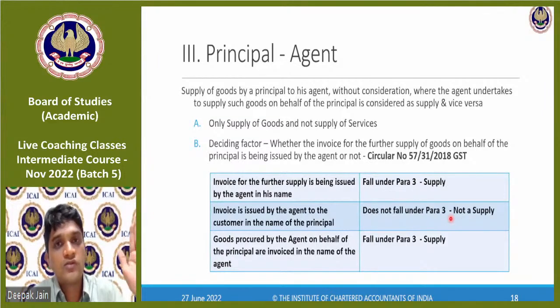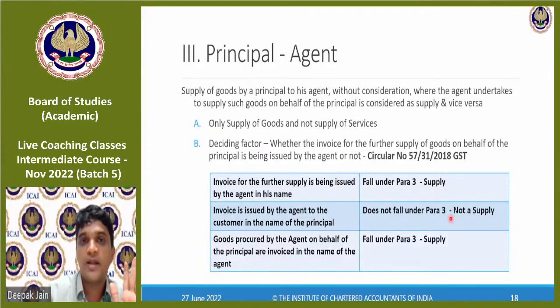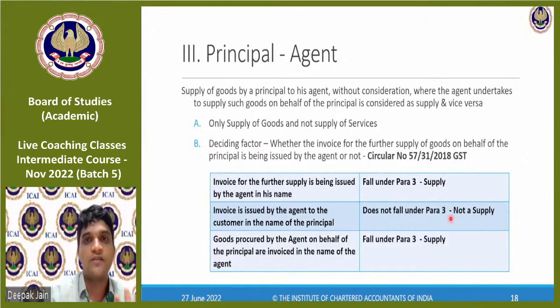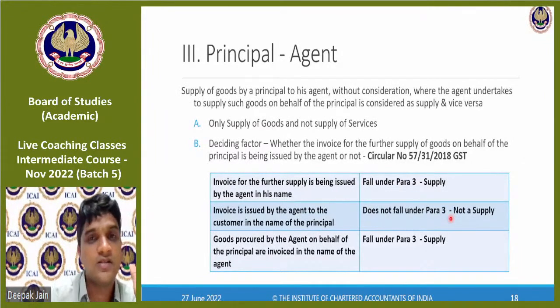Now, when Rahul Stores supplies goods to Arun, this is without consideration because he's an agent. Now, the agent supplies the goods either in the name of the invoice of Arun Stores itself, or in the name of Rahul Stores itself. When he supplies in the name of Rahul Stores, he's supplying as if he is the principal itself. So there, this transaction between Rahul Stores and Arun is not a supply.